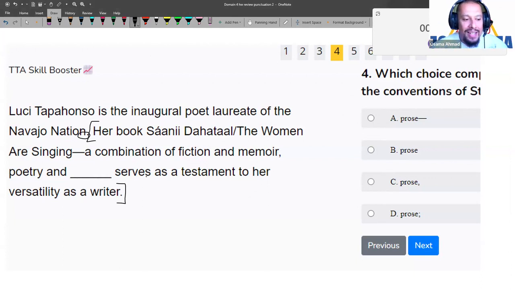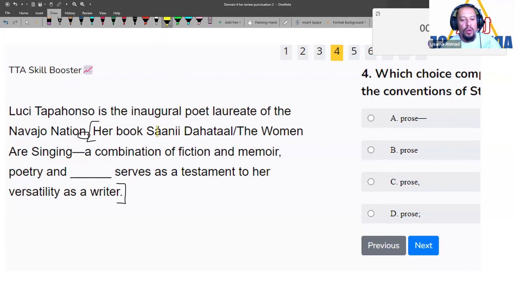So within the sentence of the question, how many independent ideas are here? Her book, Sunny, the women are singing a combination of fiction and memoir. Mr. Omar, I know how to read, sir. So give it to me directly, please. Okay, the women are singing.